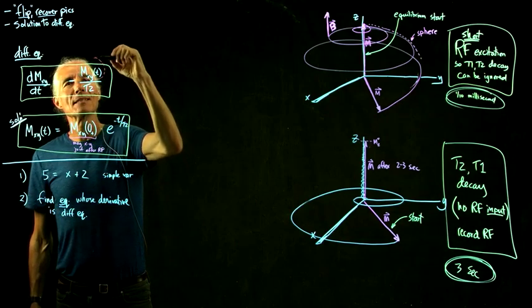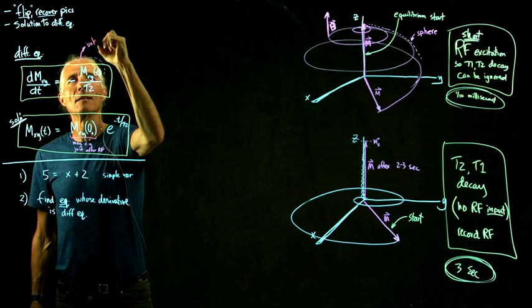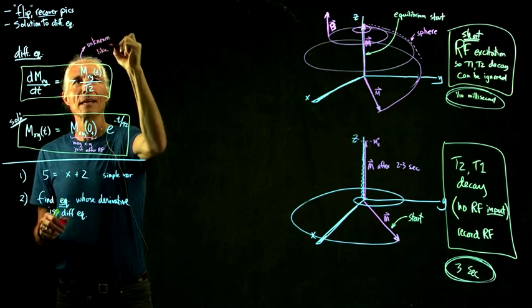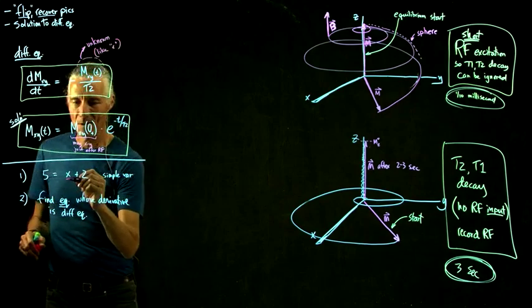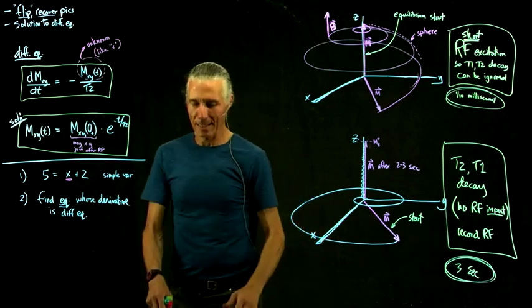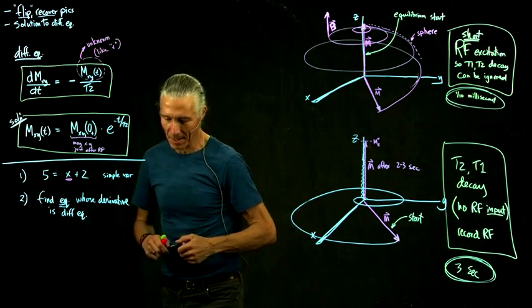So here's the important point: this guy is the unknown, like x down here. So we have an unknown equation instead of an unknown number.